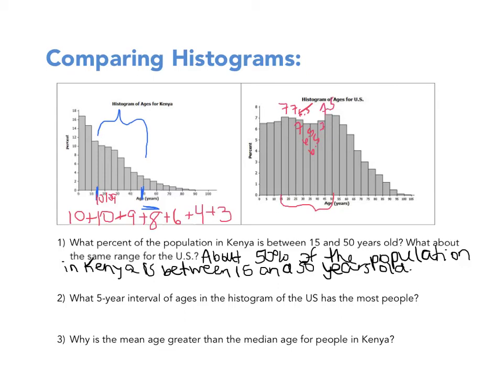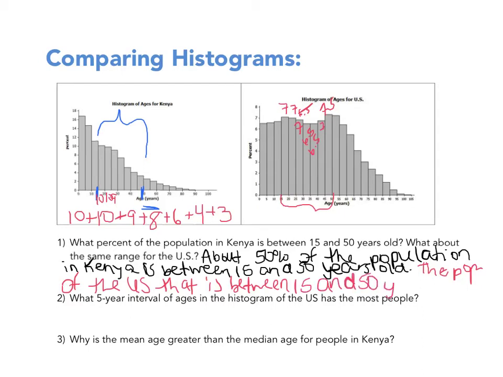So, again, I'm just going to add those all together, and we'll get the percent of the population of Americans that's between 15 and 50. And that's about 48.5. So I'm going to write in red: the population of the U.S. that is between 15 and 50 years old.